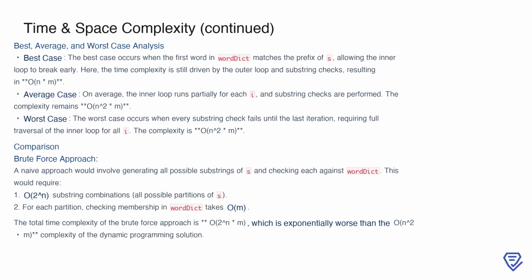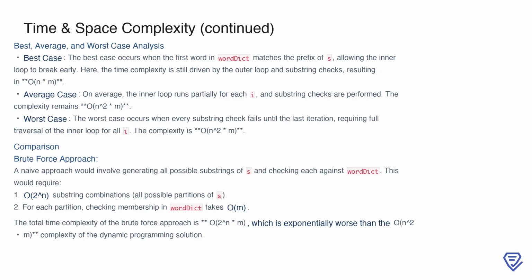For the average case, the inner loop only partially runs for each index i, and substring checks occur for a smaller range of values. Even with this, the complexity remains O(n squared * m). Finally, in the worst case, every substring check fails until the last iteration, requiring the inner loop to fully execute for all values of i. This results in the maximum time complexity of O(n squared * m).